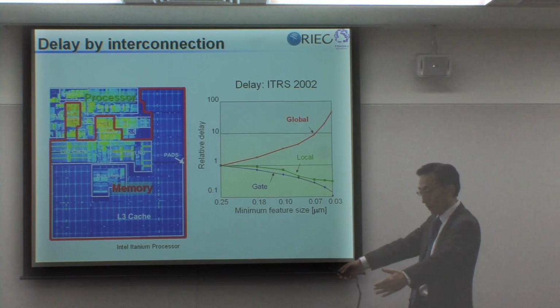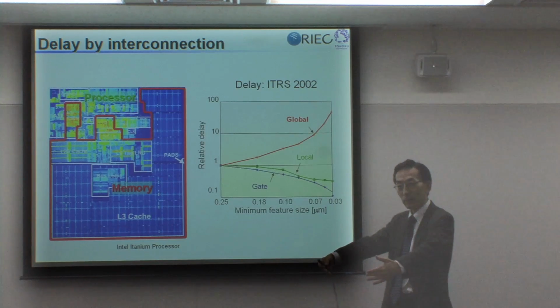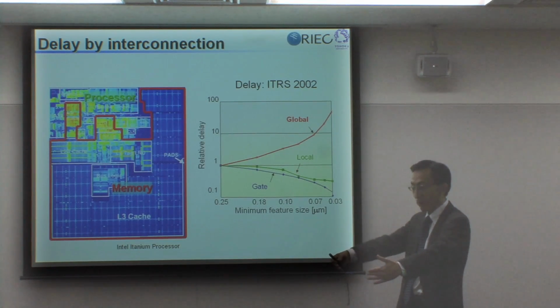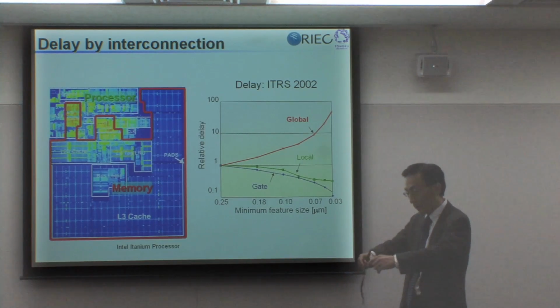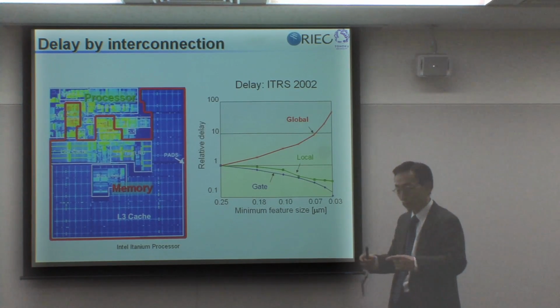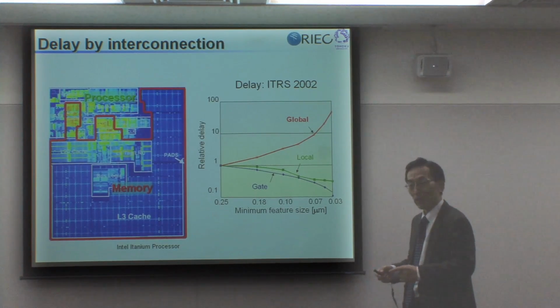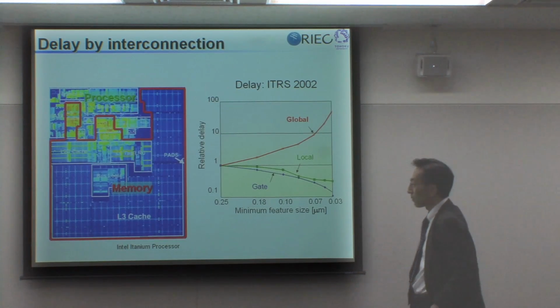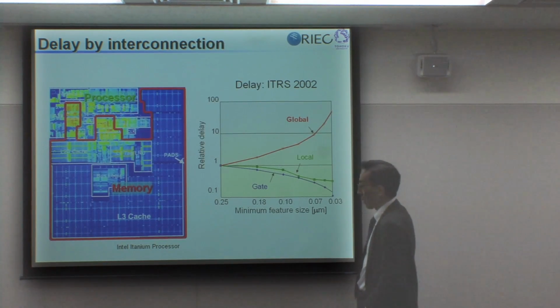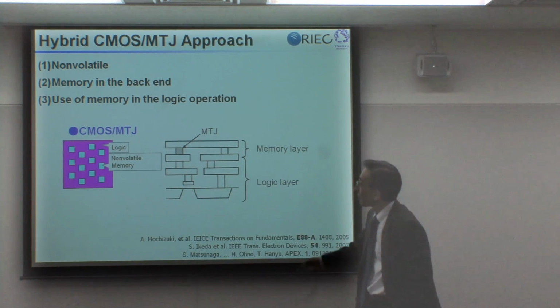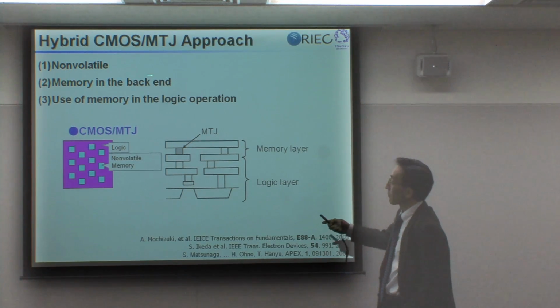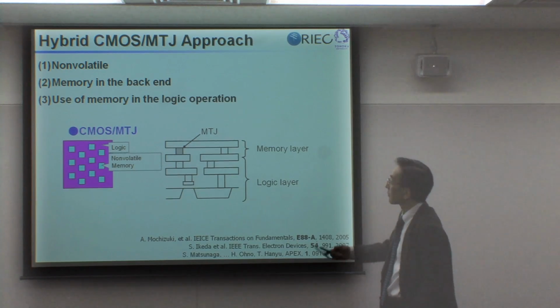Because after all, you process a wafer, and the cost of processing a wafer is approximately constant. So if you can put more integrated circuits on a wafer, it means that the cost or the price of an integrated circuit is reduced. So that's the meaning of memory in the back end.